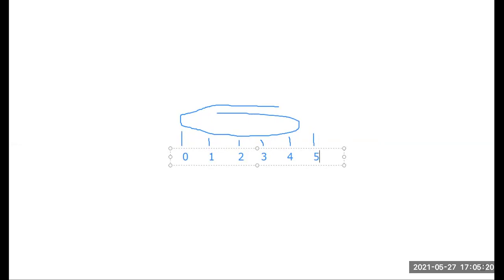So based upon looking at this, if I poll a bunch of different people, they would all agree that the paperclip is longer than 4 units, but less than 5 units. But then you have to ballpark it as to where in between the 4 and the 5.